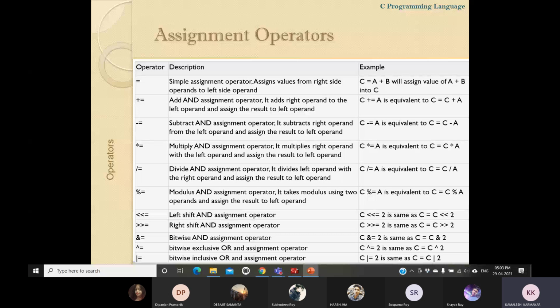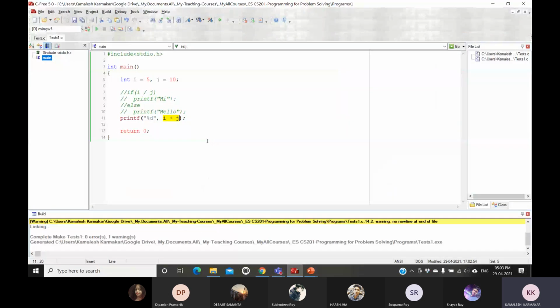Now I am coming to the assignment operator again. Earlier we used this assignment operator: i equals j, so the value of j is being assigned to i.